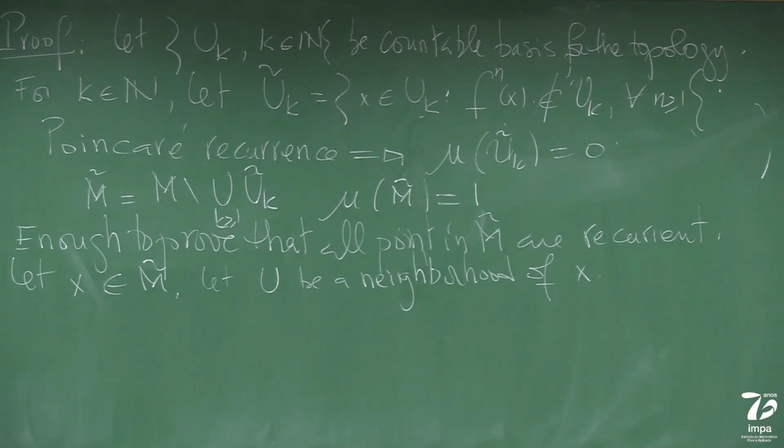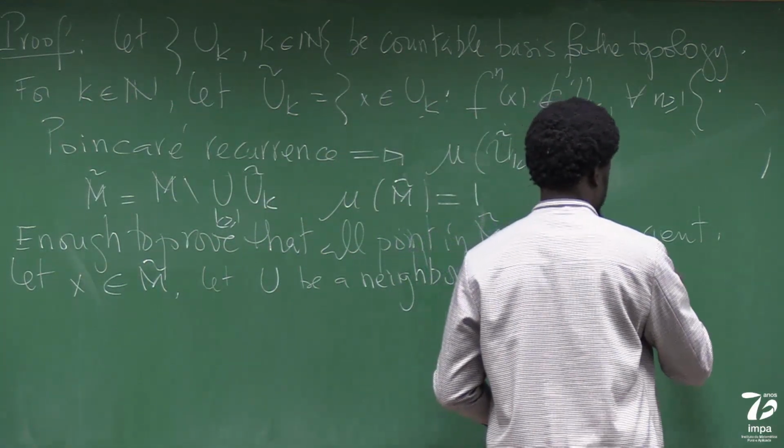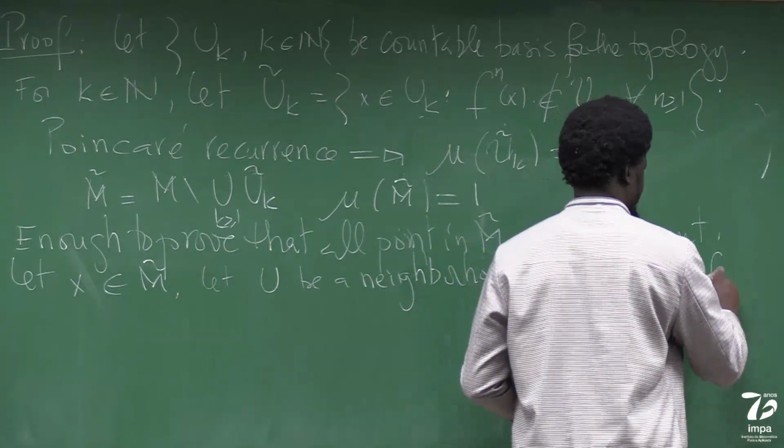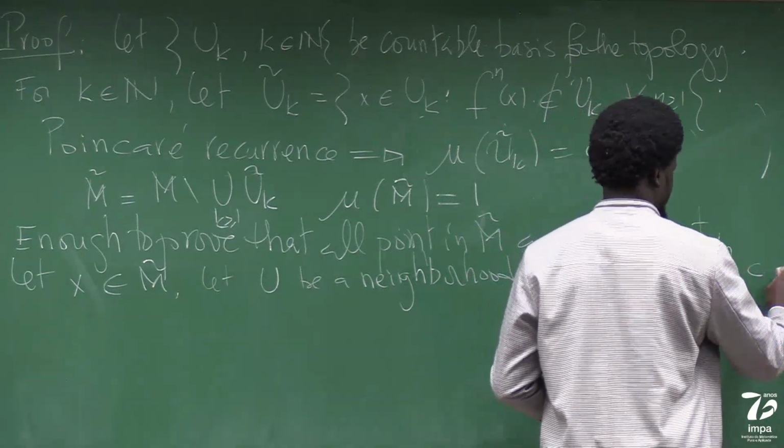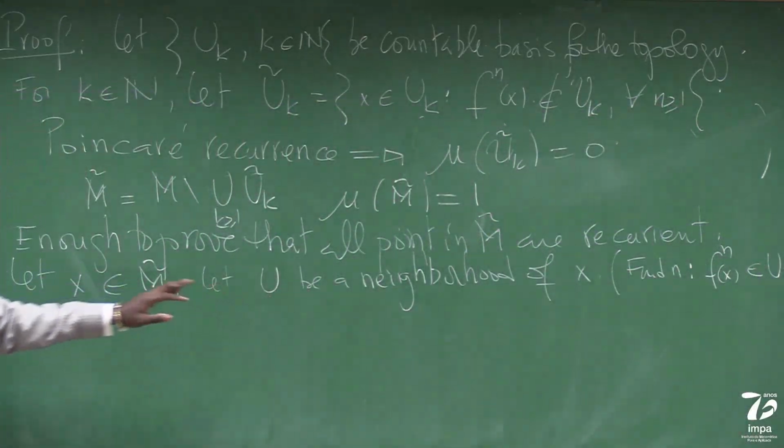The aim is to find n such that f^n x is in U, where U is arbitrary.